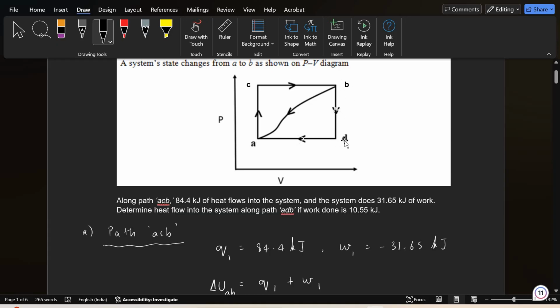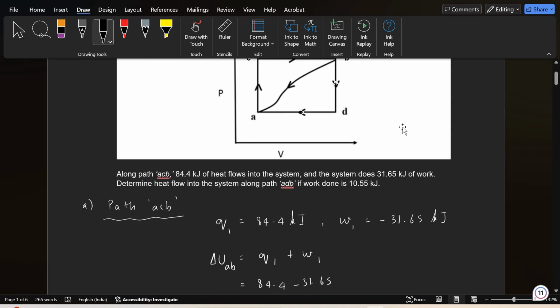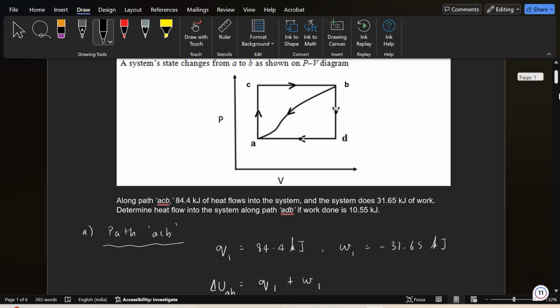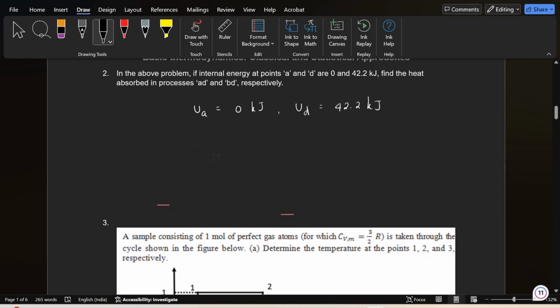Yes, sir. Since delta V along path BD is 0, there is no work done in this phase. So if there is no work done, then all the change in internal energy is going to come from the heat flow, because change in internal energy is heat plus work done, correct? So if W is 0, then all of it comes from heat absorbed.